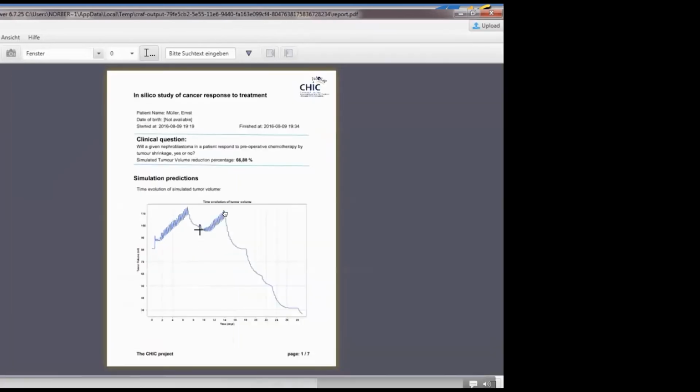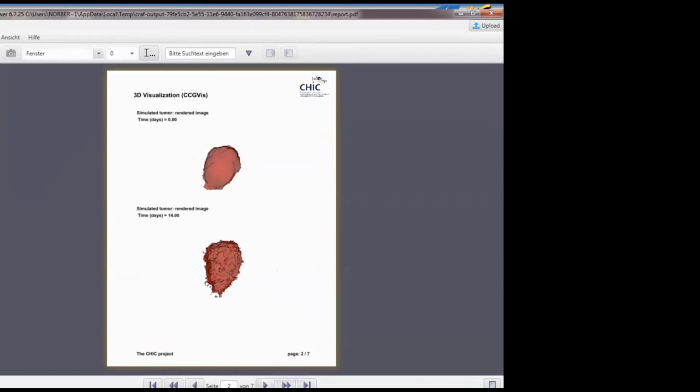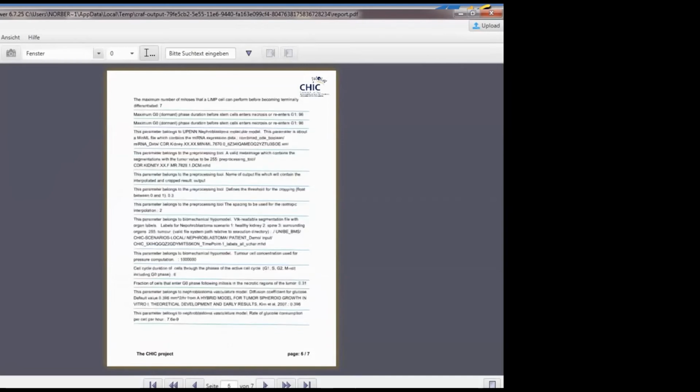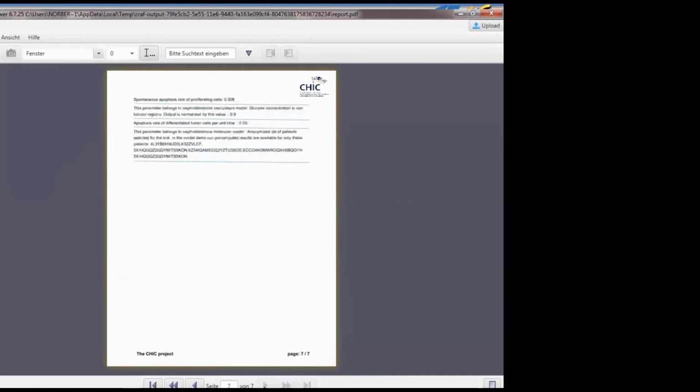You see here, when you give treatment, the tumor is going down in size. You have in your report also the images that you selected before. You have here the different hypermodels that are put together and all the data that were used for this specific patient.